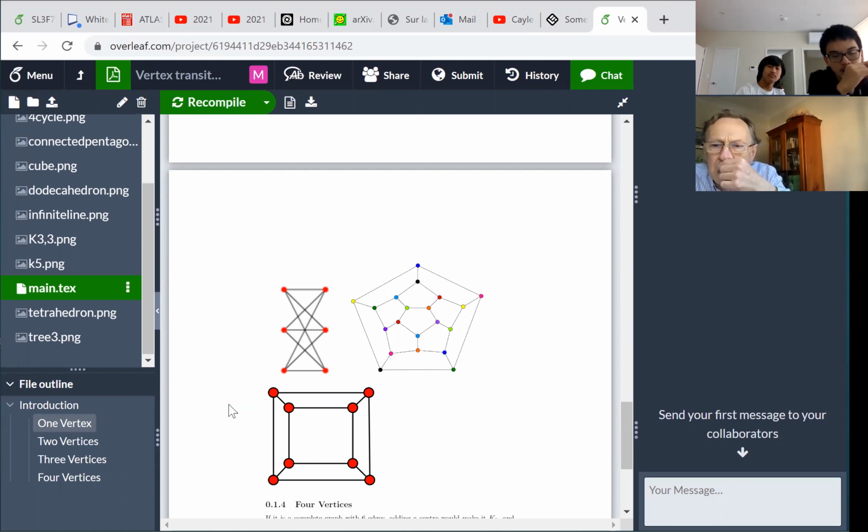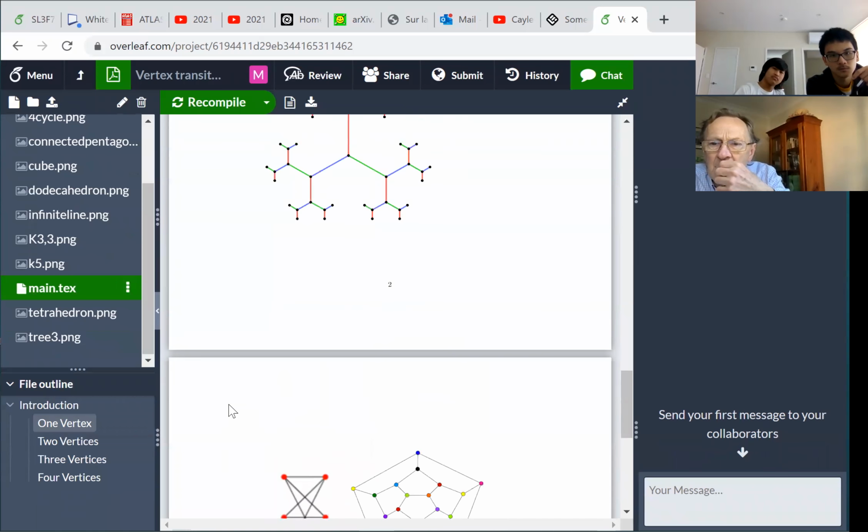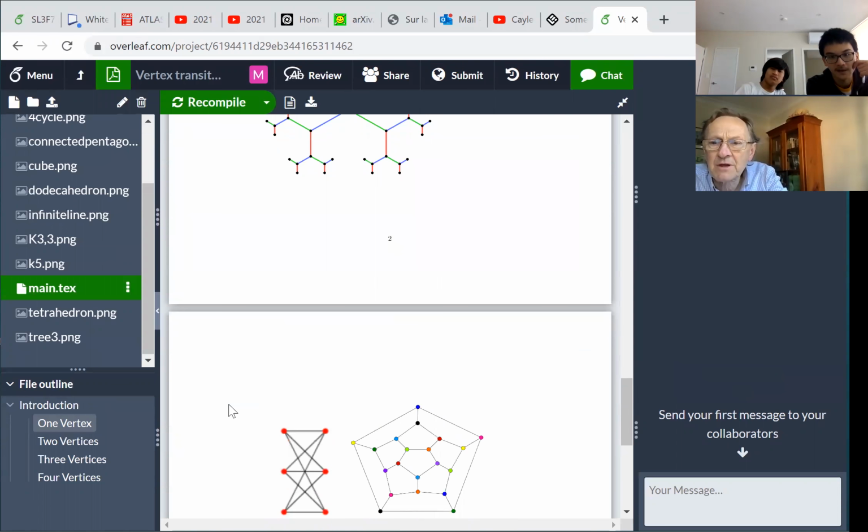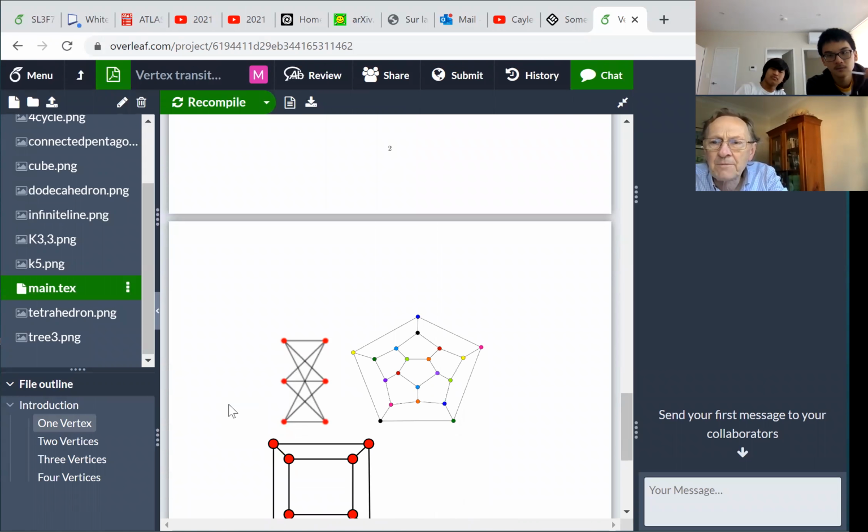Well, I think if you go to the 3 points, you've got the tree, and you've got a number of other graphs that are not trees that it can be extended to. I think, in fact, there are many more than that.